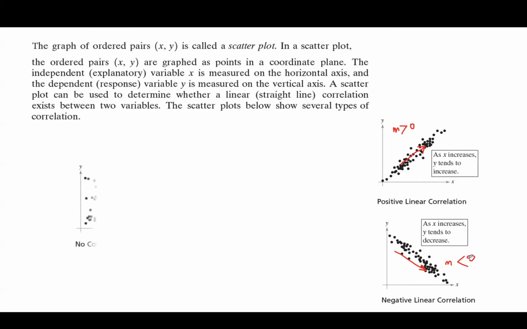Well, sometimes we can't find any correlation. Like if you have IQ score and height, you have variables that are not correlated. We basically can't find a recognizable pattern here. So we say that, hey, there is no correlation.